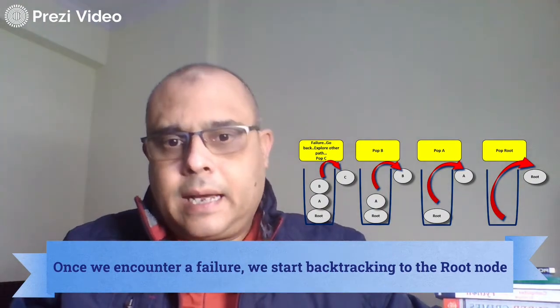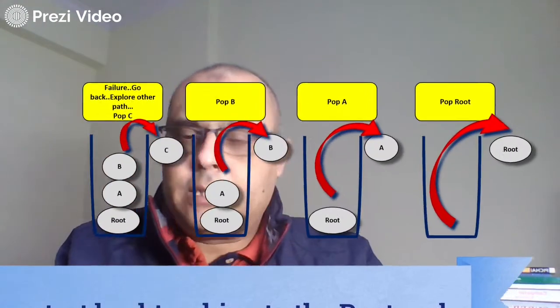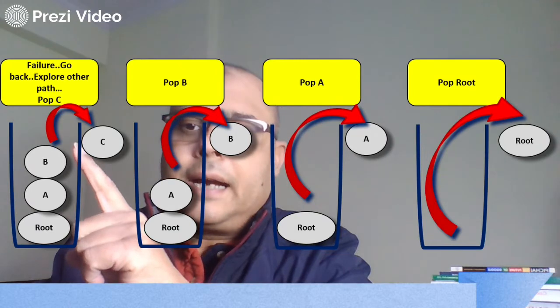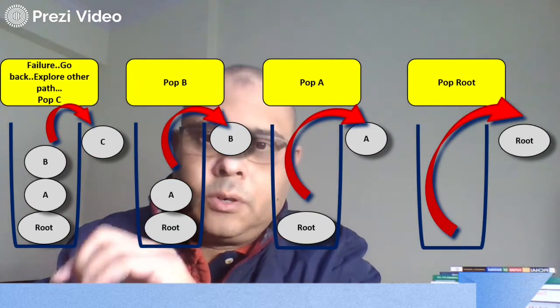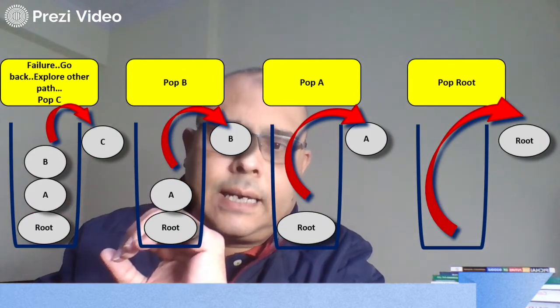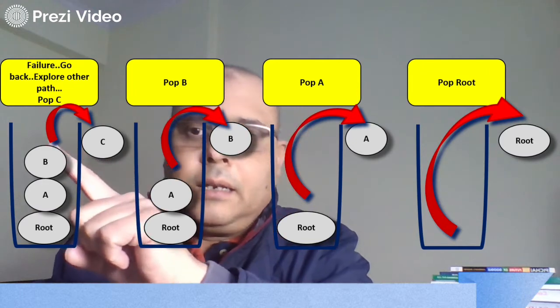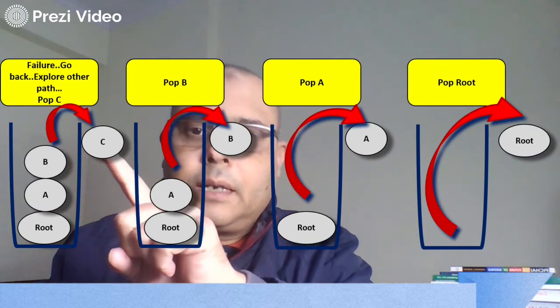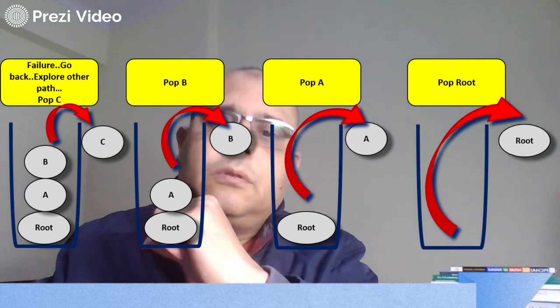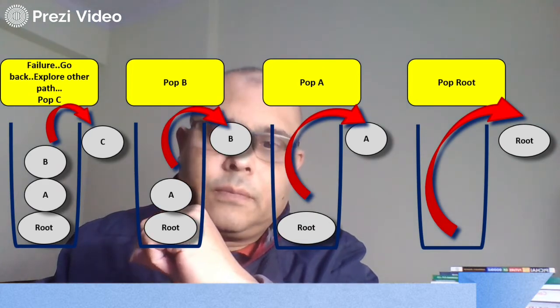Now from the stack in which the addresses are stored, the address of C, which was the last node pushed inside the stack, is popped and the program goes back to the C node.